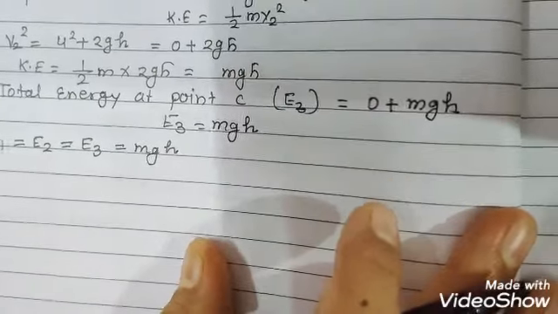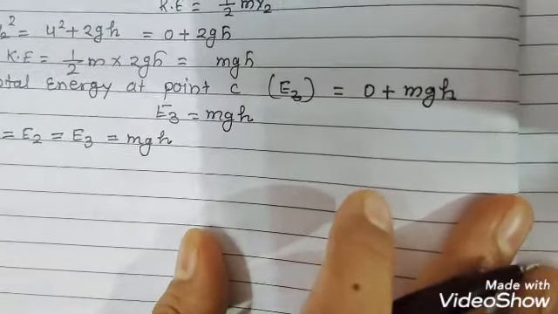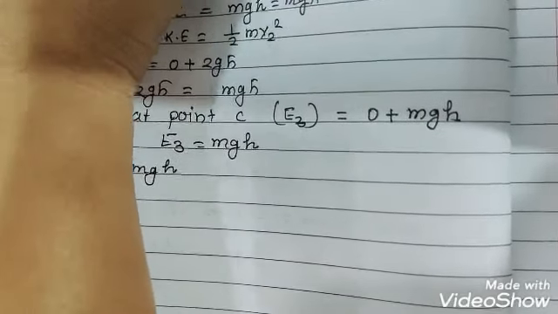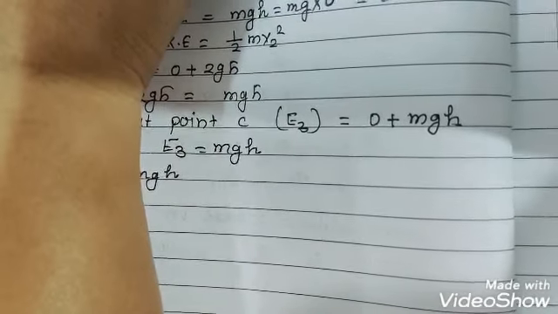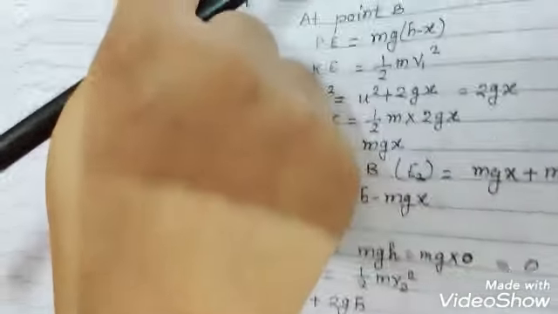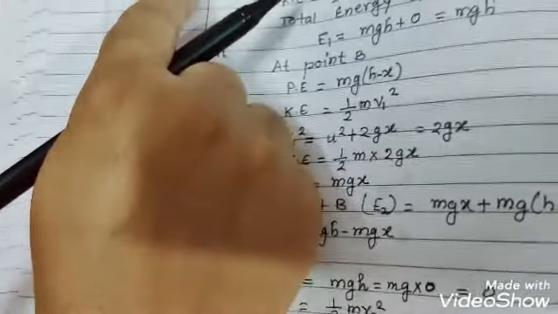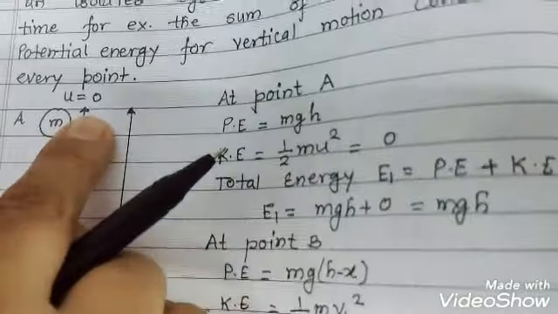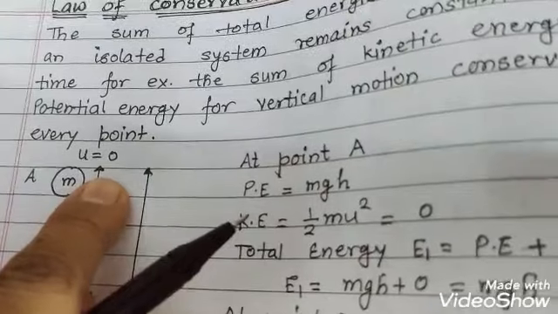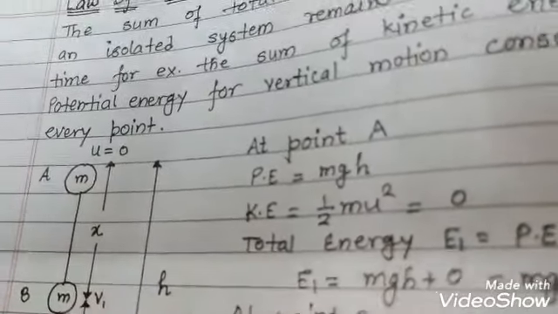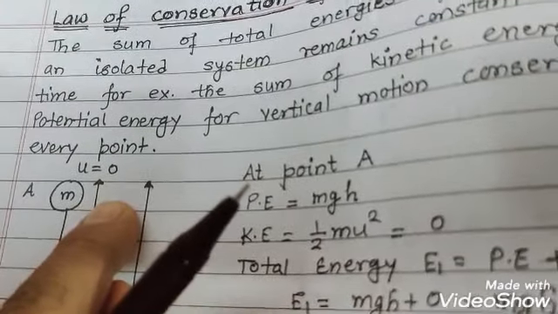Initially, at the maximum height, the potential energy is maximum, that is mgh, and the kinetic energy is 0.